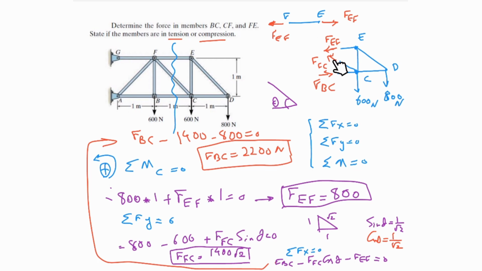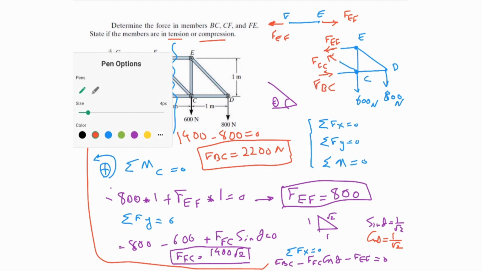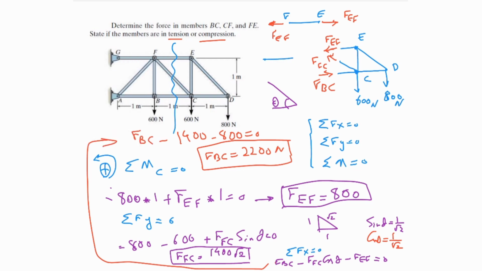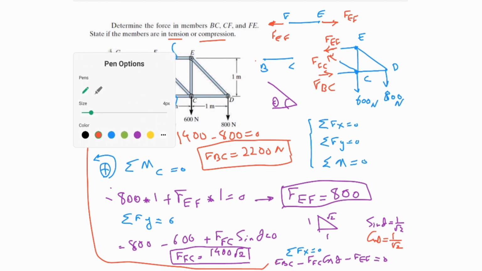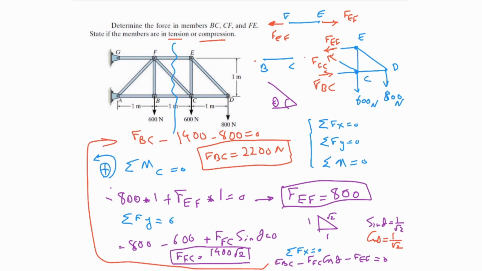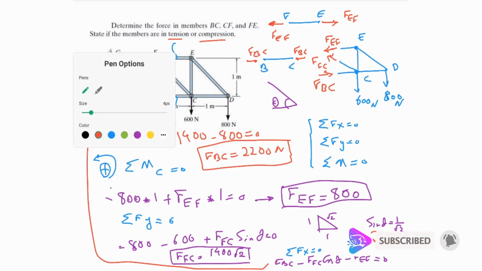Okay, the same story here. However, here what is happening is like this. If I put F_BC over here, I have B and C over here, and I'm putting the reactions over here. This is the same force with reverse direction, and as you can see, this is under compression.